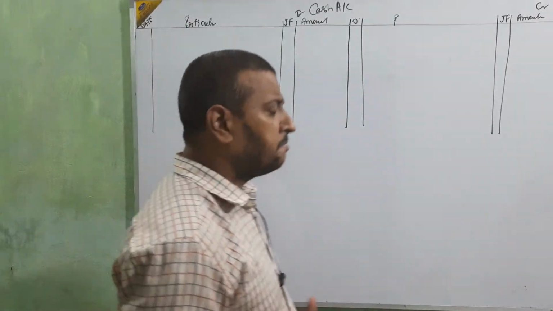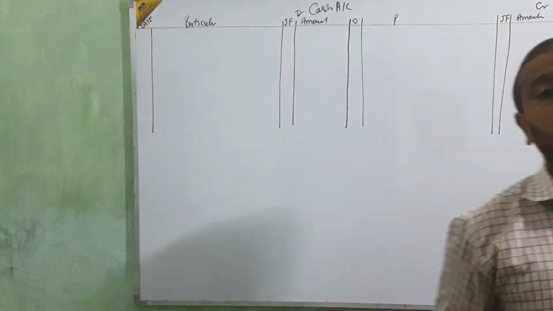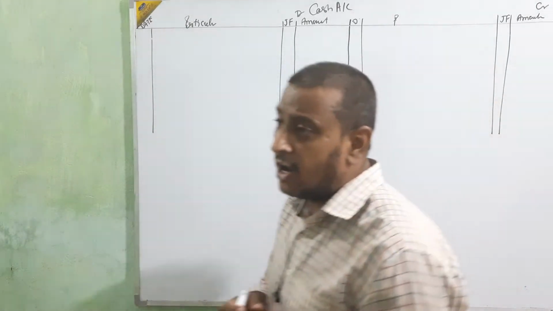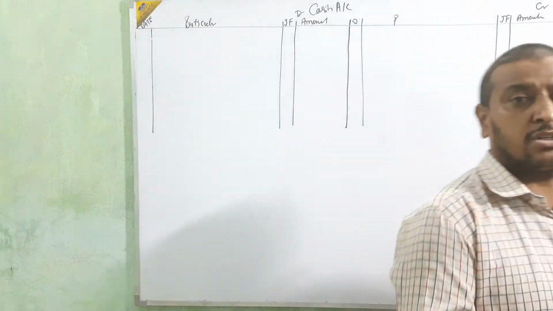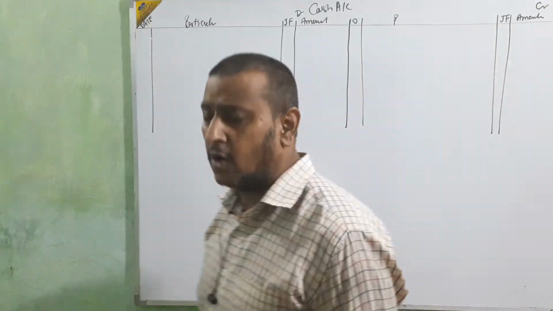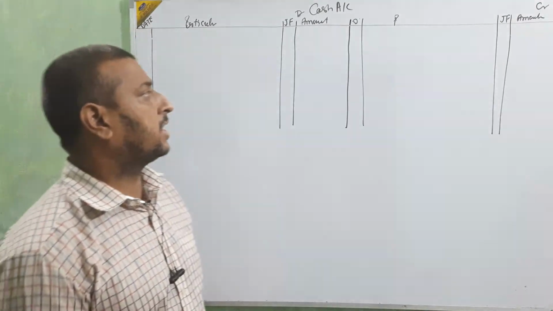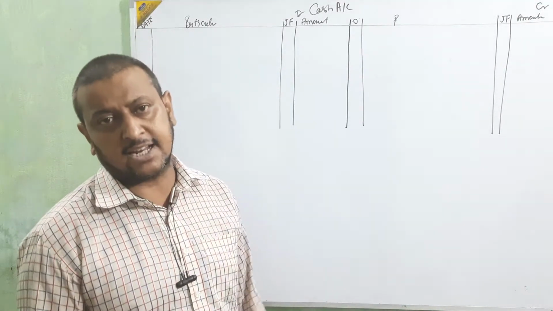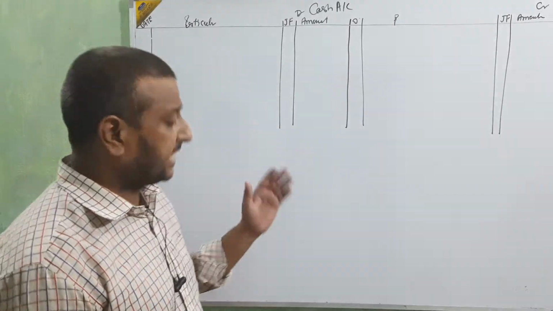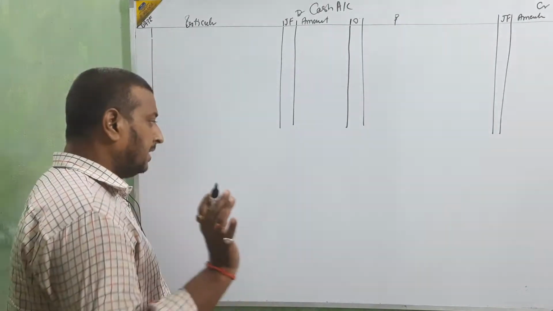The system of making the ledger: we are going to open an account for every account name. It means if many types of account names are coming in one question, we are going to open a separate ledger for all those accounts. Just think, if you have only three entries.